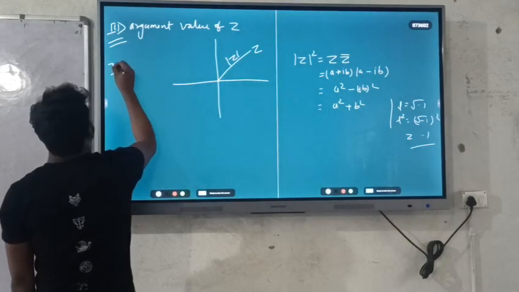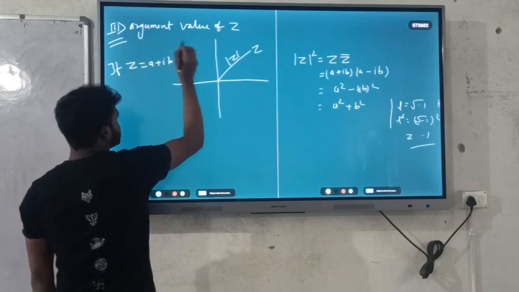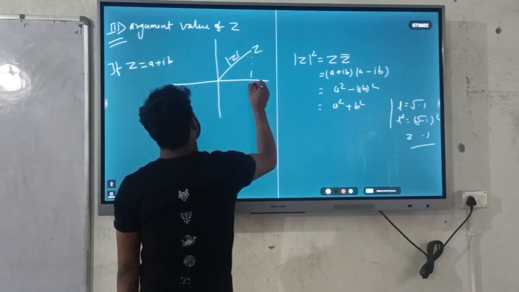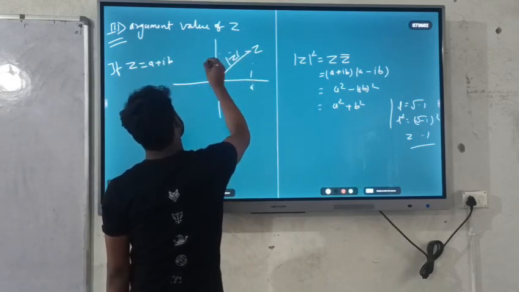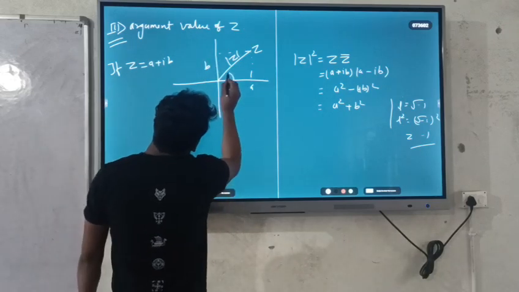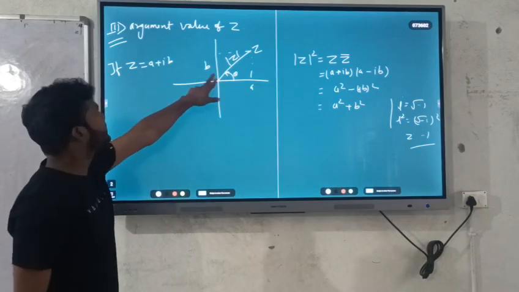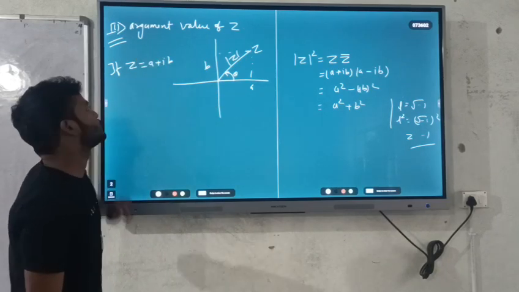If z is equal to a plus ib, then this distance is a and this distance is b. Then what is this angle? This angle is my argument value.